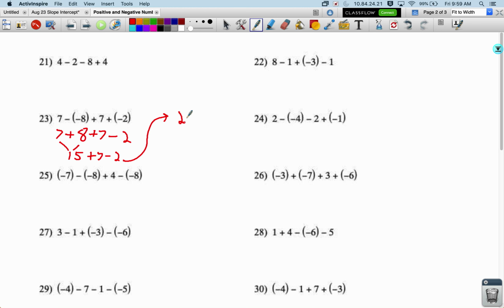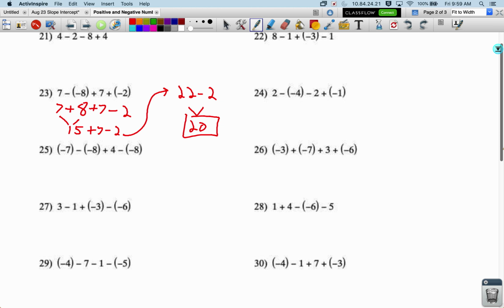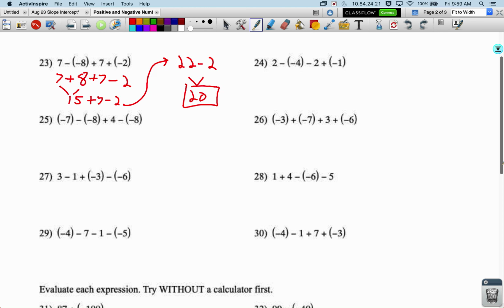Next that's going to become a 22 minus 2, and then finally a 20. You've got to just keep going left to right. We cannot combine this 7 and this negative 2 until we've gone left to right. Sometimes that will actually work out, but especially if there's a minus in the middle, that can make that very confusing. We should just always go left to right.